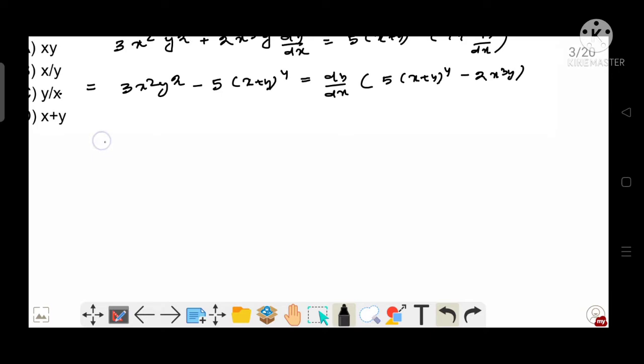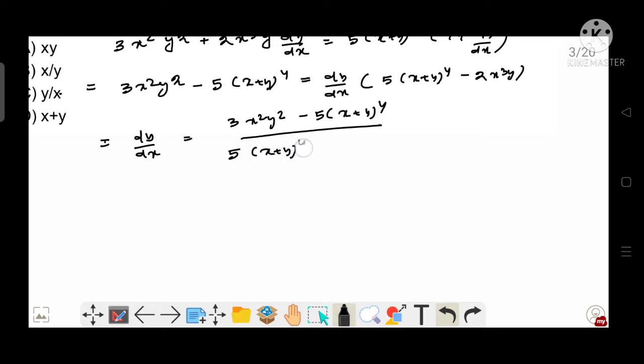Okay, equal to dy by dx equal to 3x square y square minus 5 x plus y to the power 4, divided by 5 into x plus y to the power 4 minus 2x cube y, which implies we can multiply x plus y up and down.